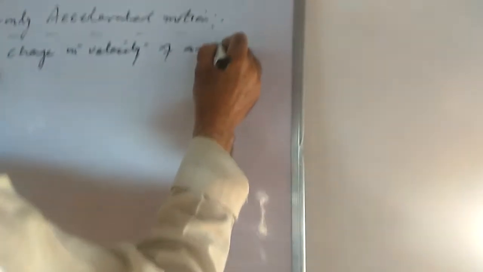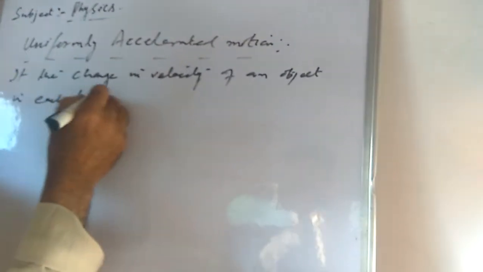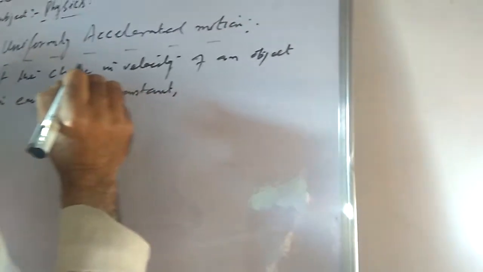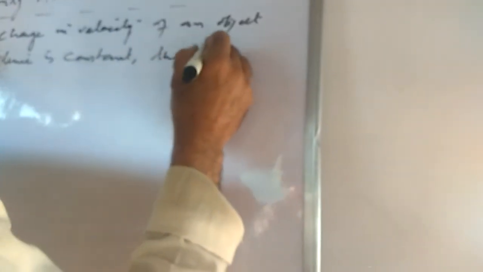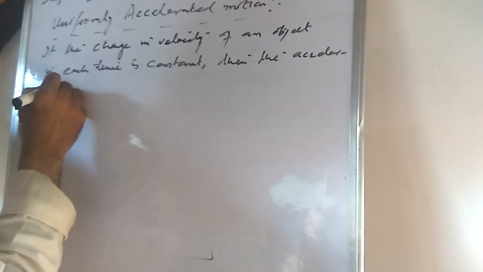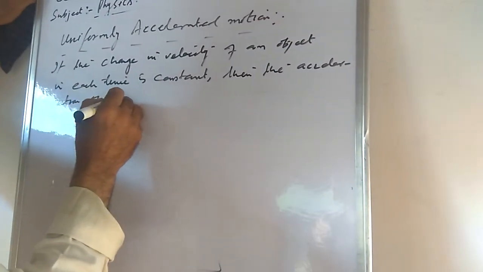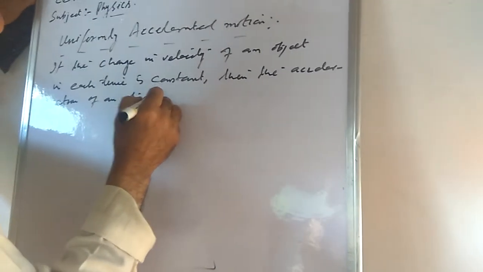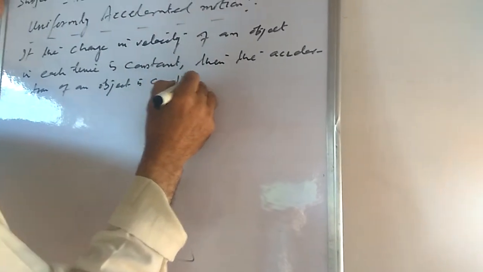If the change in velocity of an object in each time is constant, then the acceleration of an object is constant.